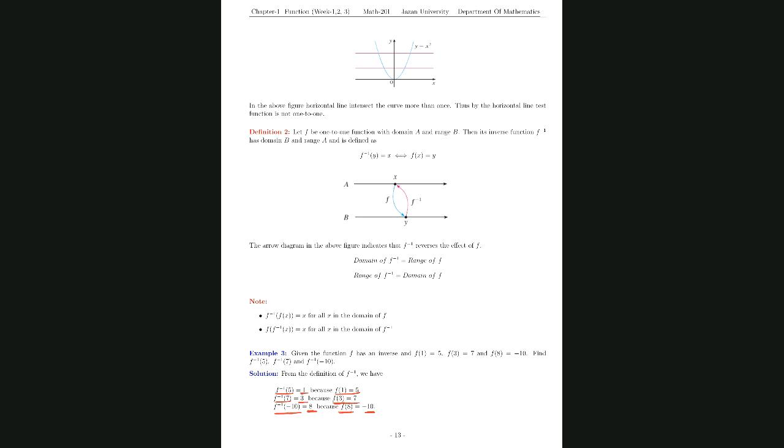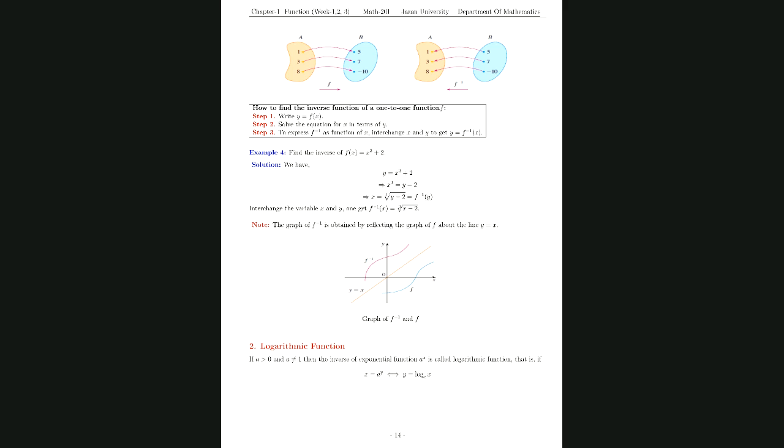Yes, so this way you will write. Now this is very simple, just opposite. Now look here, this is the main thing, this is important.